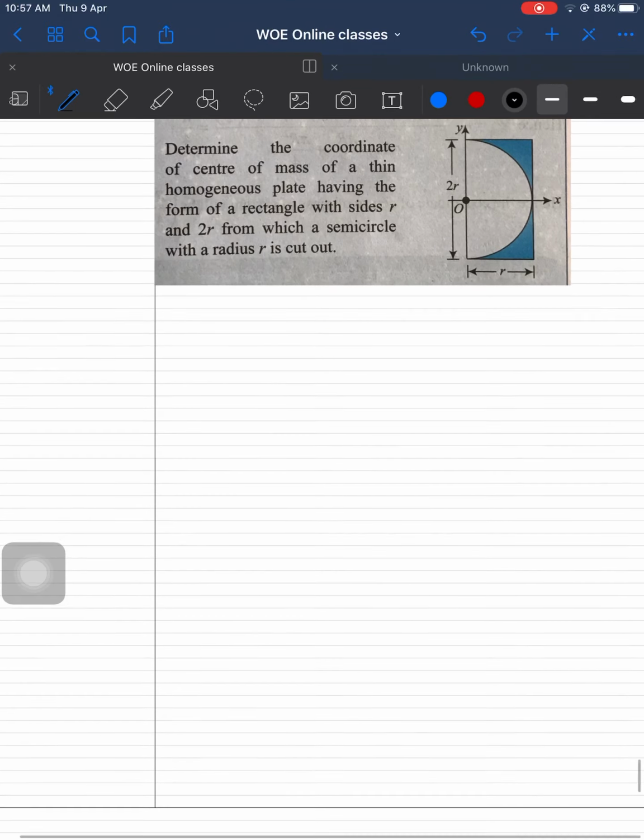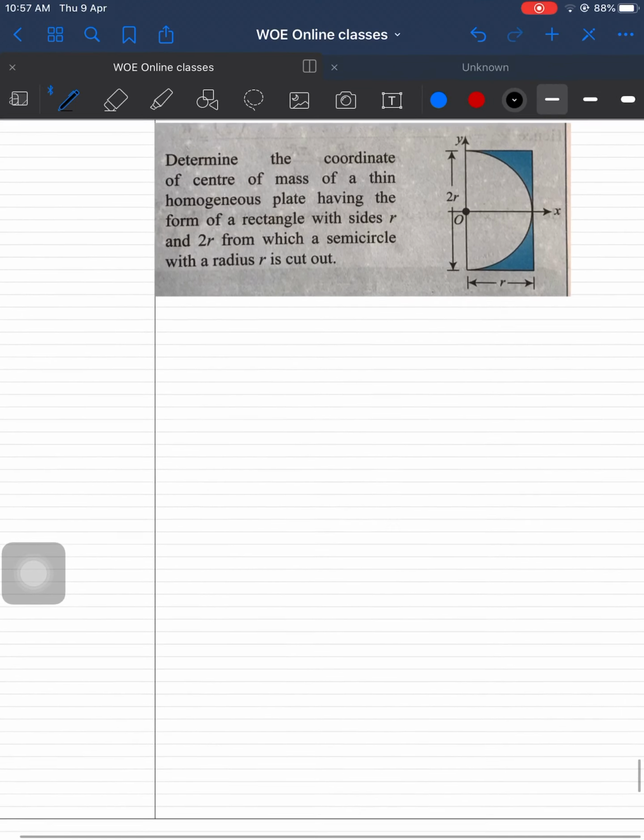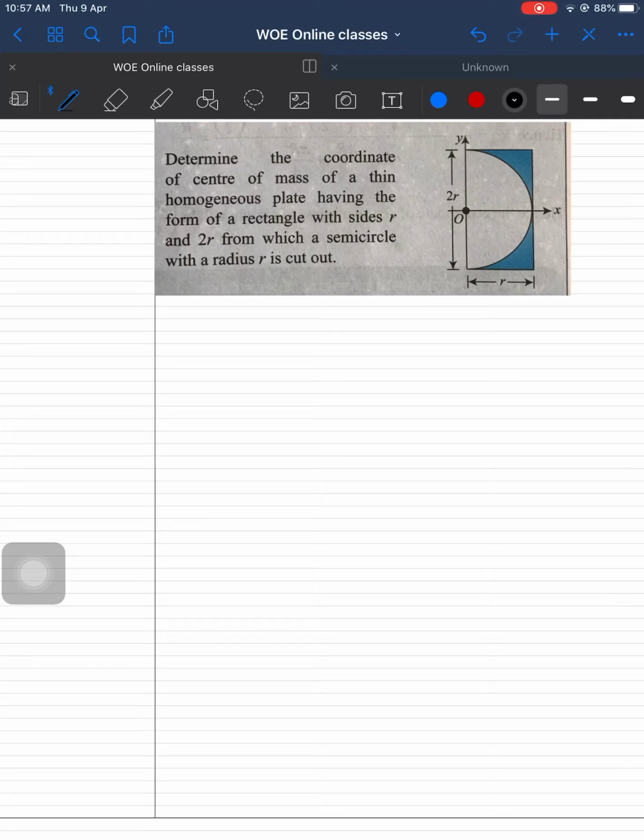Now determine the coordinates of the next question. Determine the coordinates of center of mass of a thin homogeneous plate having the form of a rectangle, from which a semicircle with radius r is cut. First let's see the whole plate.